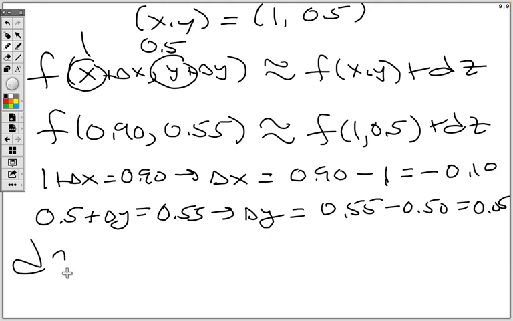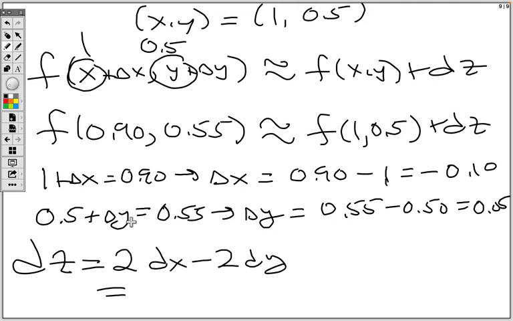So I can calculate now the dz. The dz was 2 dx minus 2 dy. Since the x and y are independent variables, the delta x's and dx's are the same. So 2 is the rate of change of z in the x direction. So that would be 2 units of z per 1 unit of x. I'm changing by negative 0.1 units of x. Minus 2 times dy.